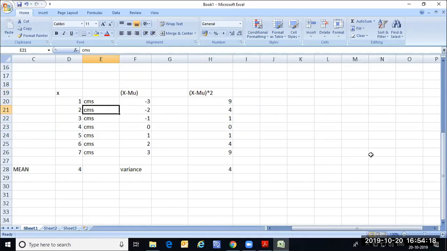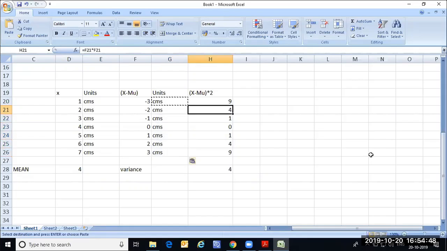Nothing but the units. Now, what would be the units of x minus mu? Centimeters? Because we are differentiating between the same units, the units of the result would remain the same. But when I square it, what happens to the unit? Even the units get squared.